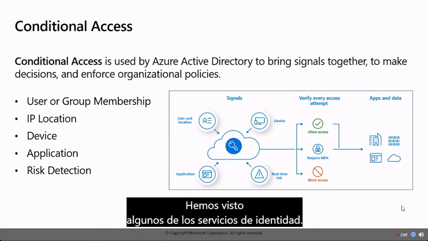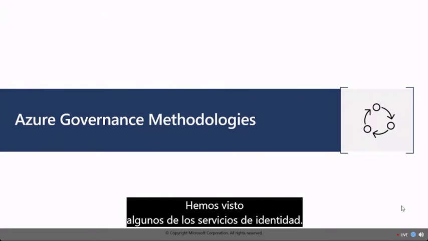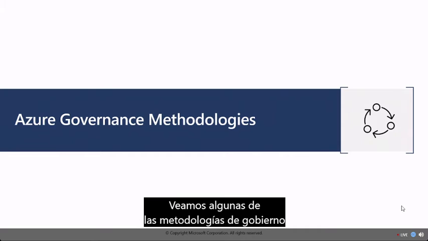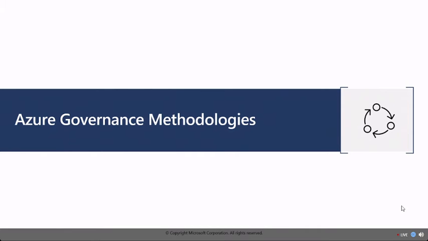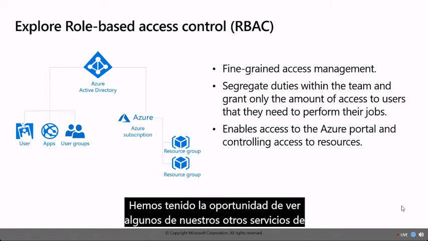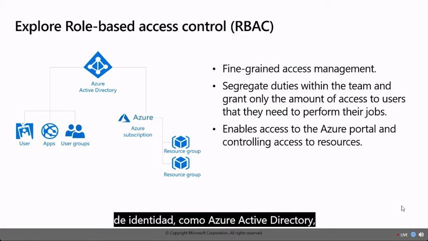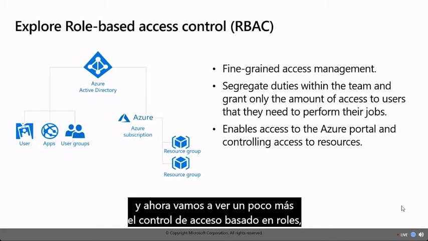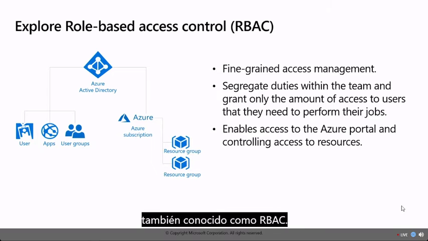So let's now talk about, we've looked at some of the identity services. Let's look at some of the governance methodologies that are built into Azure. Now that we've had a chance to look at some of our other identity services, such as Azure Active Directory, let's explore a little bit of role-based access control, or you might hear it also as RBAC.